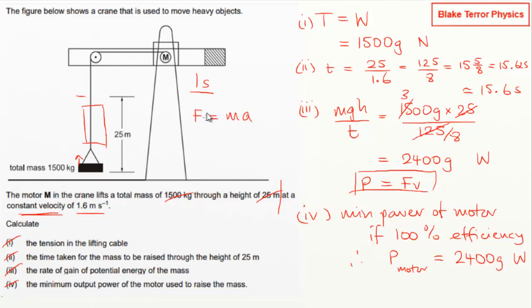We say, right, well, we need an extra amount of force in the cable in order to accelerate this object at 1.6 meters per second squared. So we're going to need an extra force, which is equal to 1500 times 1.6. That is going to be the net force that we're going to need, which is 2,400 newtons. So we need that extra force at the beginning in addition to this in order to accelerate it up to speed.